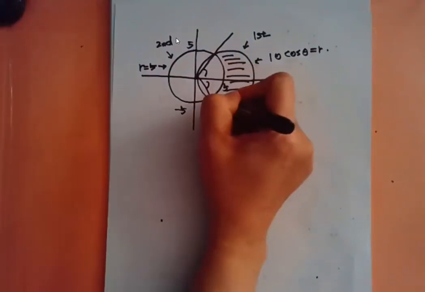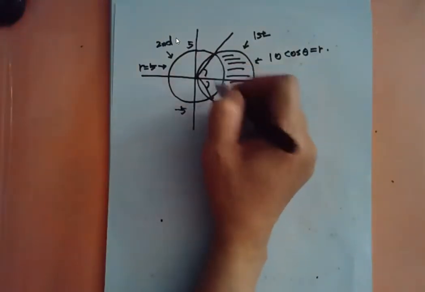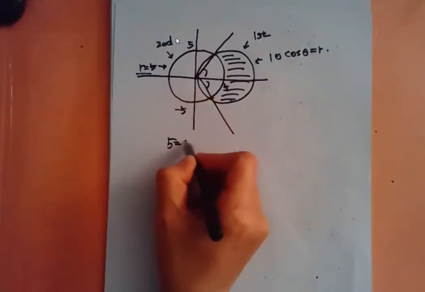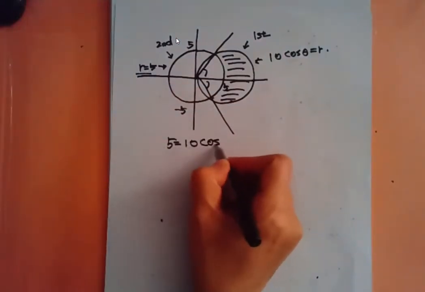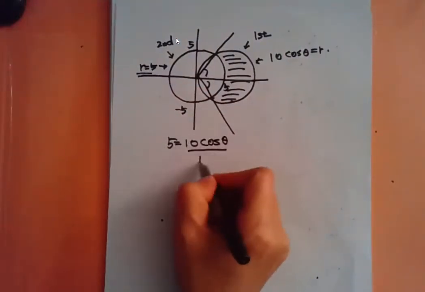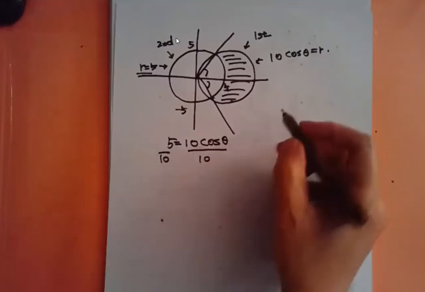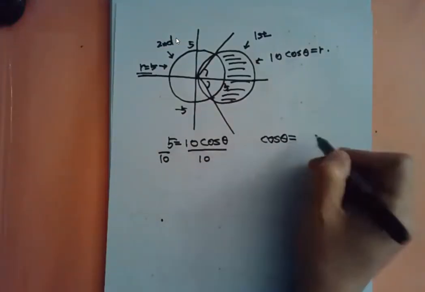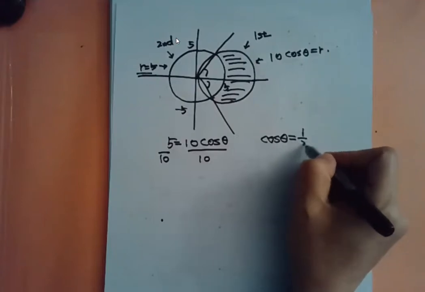So at the intersection point, r are the same. So we will put 5 equals 10 cosine of theta, and then we divide by 10 on both sides. Then that is cosine of theta, which is 1/2.